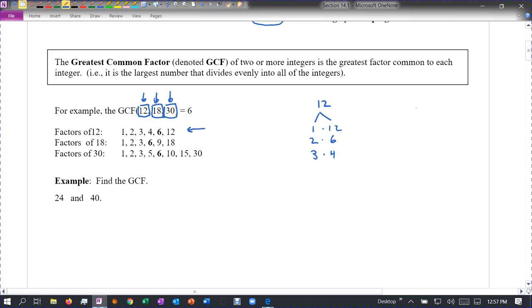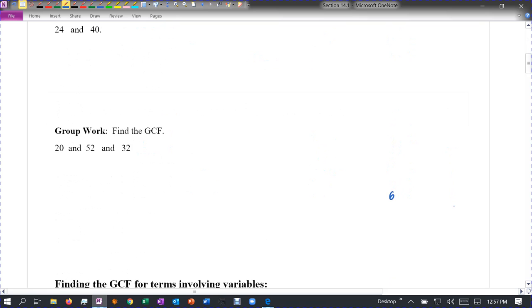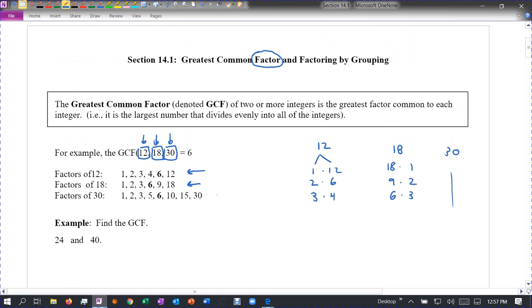And if we do the same thing for 18, 18 times 1, 9 times 2, 6 times 3, those would all be factors of 18, so we could list those out. And then we could do the same thing for 30 and list those out here.